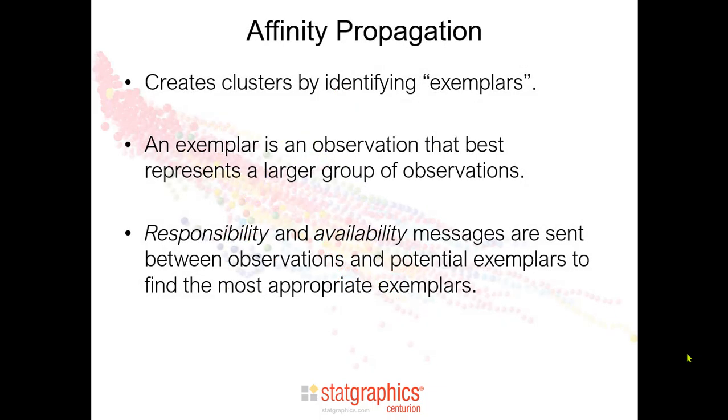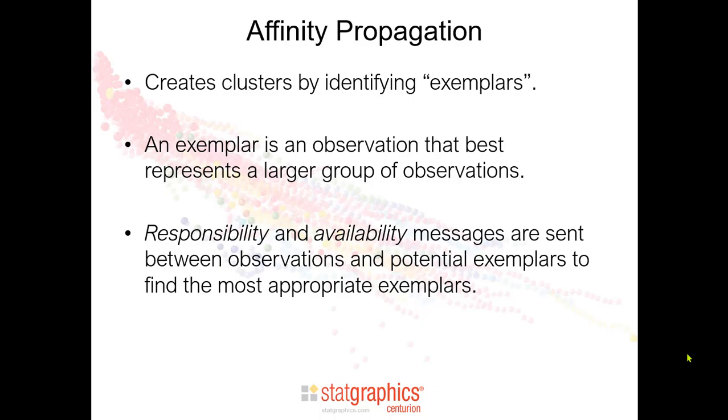The fourth procedure for clustering multivariate observations that I'd like to talk about in this video is affinity propagation. Now, affinity propagation is an algorithm that creates clusters by identifying exemplars. An exemplar is an observation that best represents a larger group of observations.